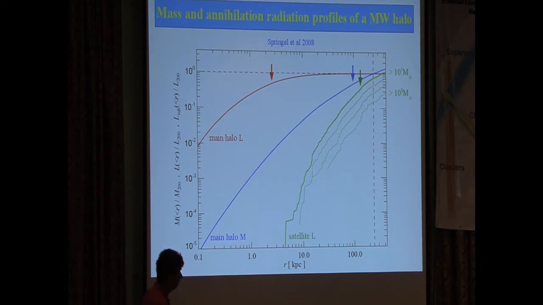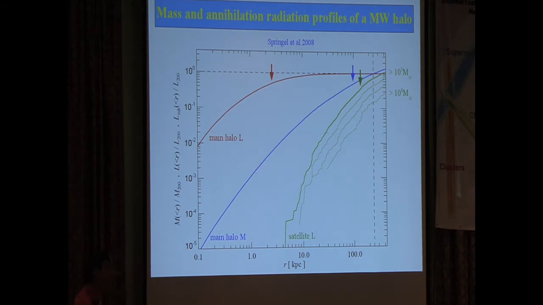So that means, if we normalize here, this is where the total mass is, how far in do you go to get half the mass? It's here. So the half mass radius is 100 kiloparsecs, slightly less, 90-something.